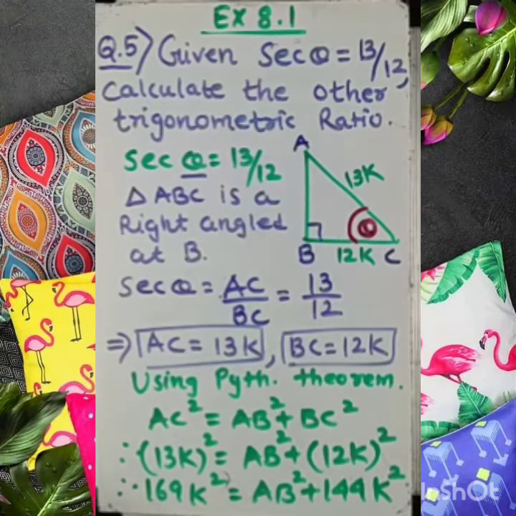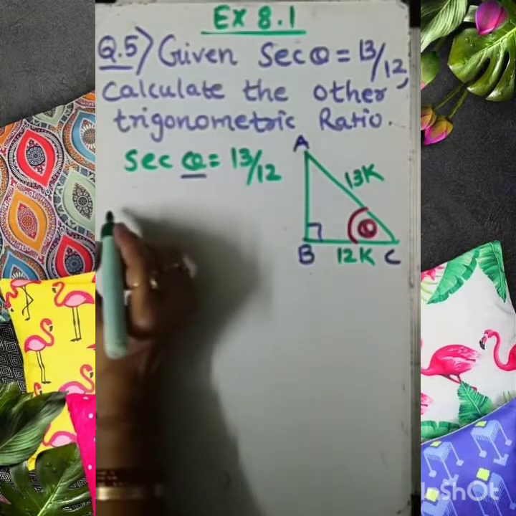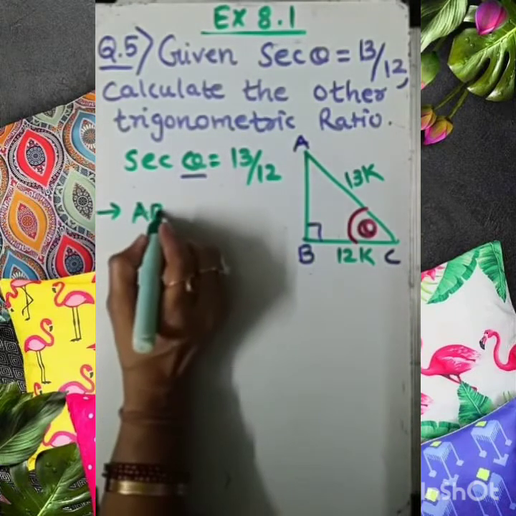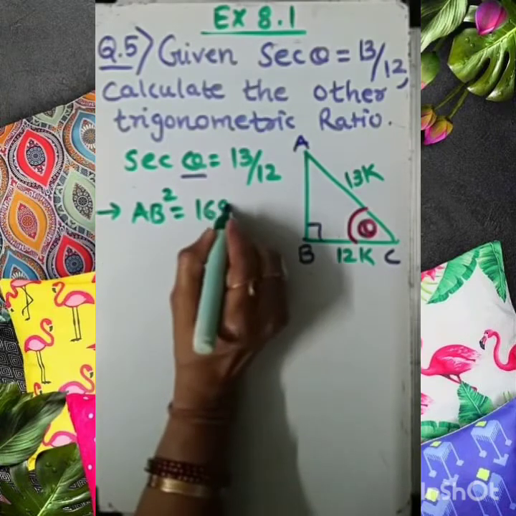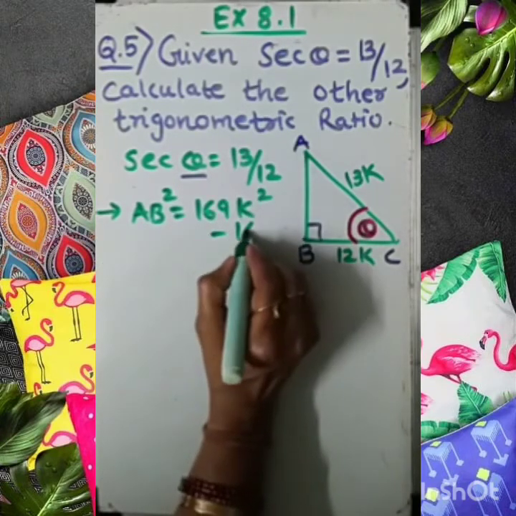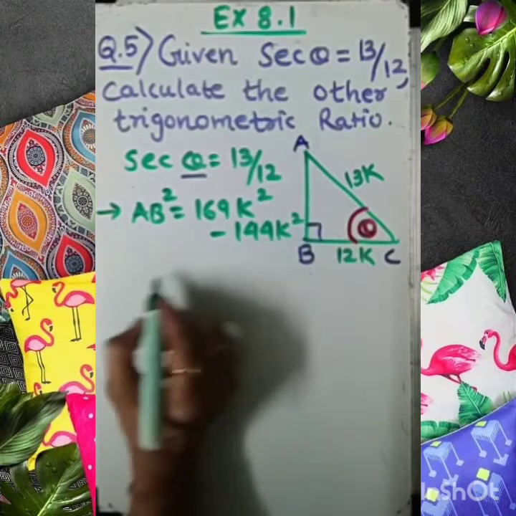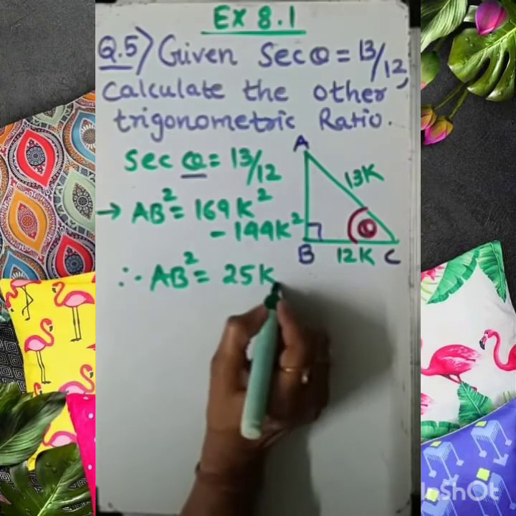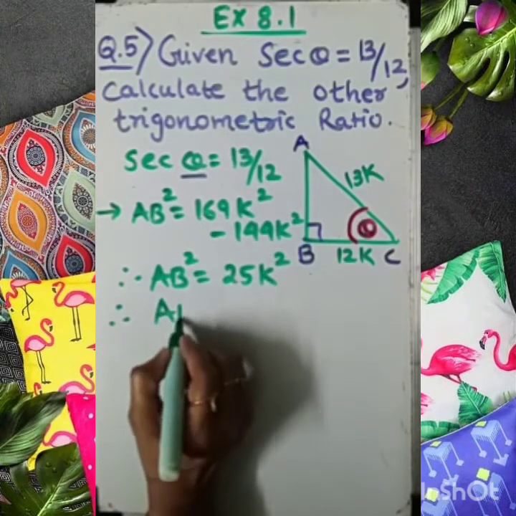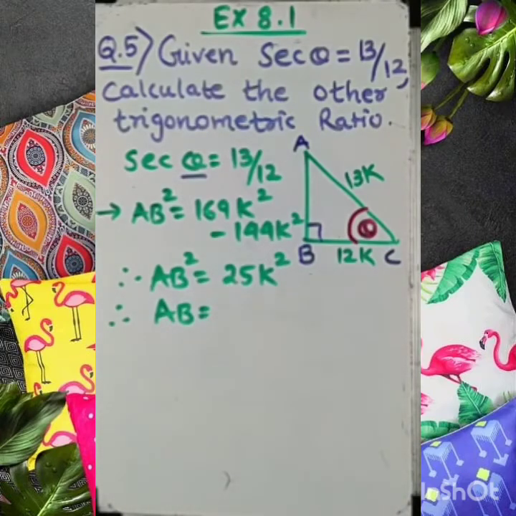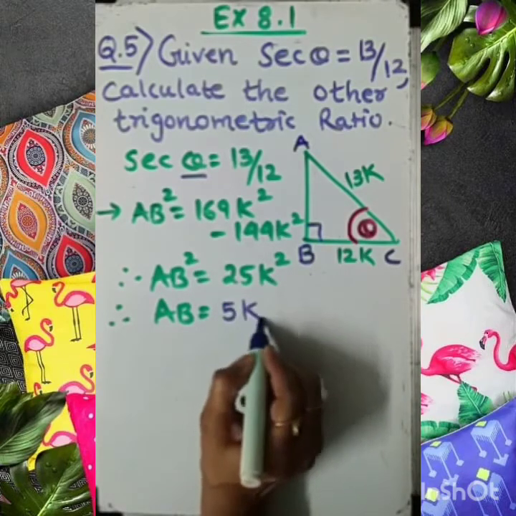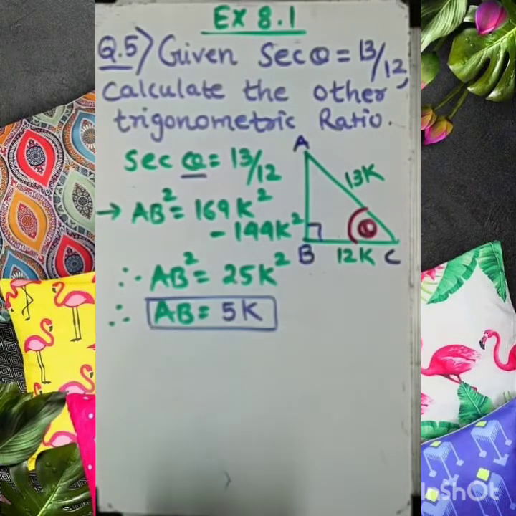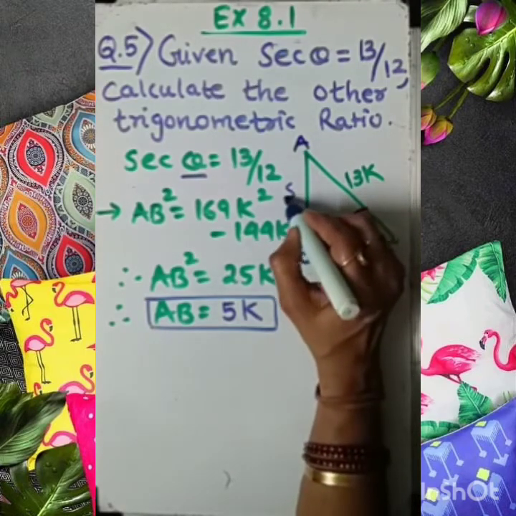The next step will be AB square equals 169K square minus 144K square. Therefore, AB square equals 25K square. The subtraction gives 25, and all of us know 25 is a perfect square of 5 and K square is a perfect square of K. So the value of AB, this side, we got is 5K.